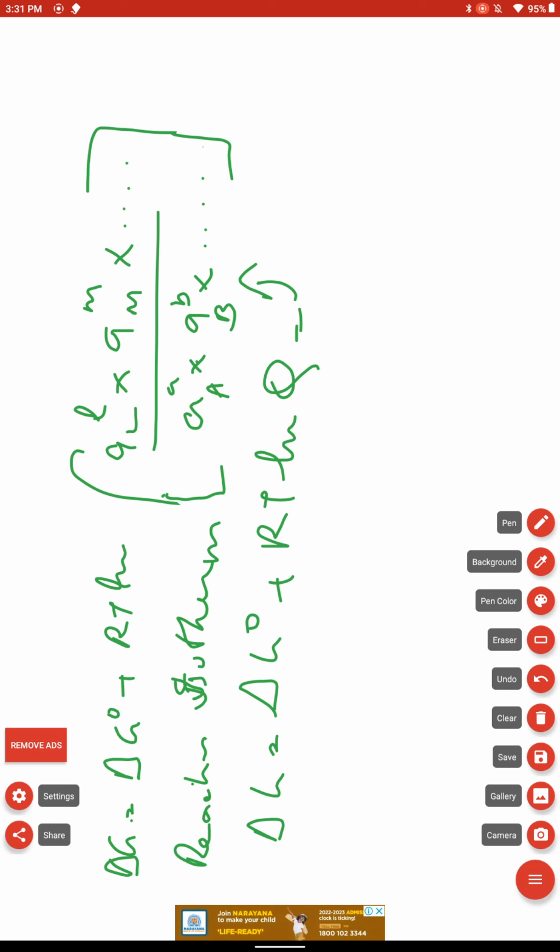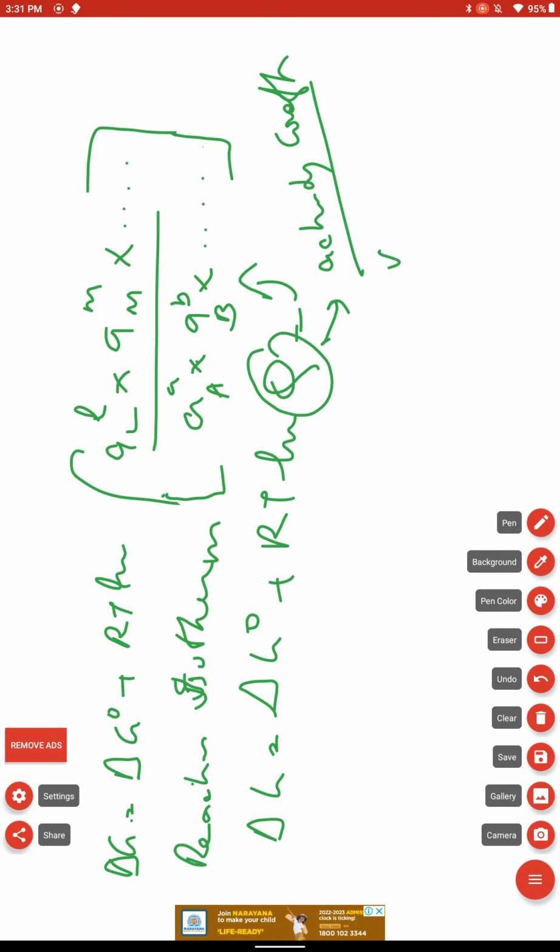That is the activity quotient, or we can call it the reaction quotient.